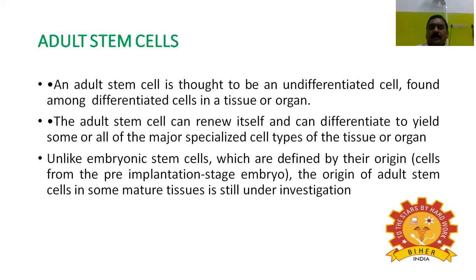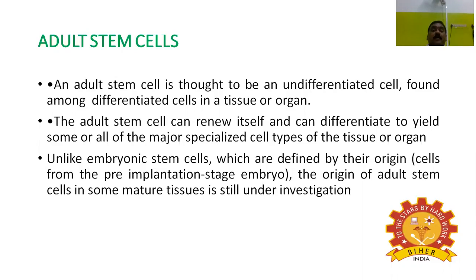The adult stem cells can renew themselves and can differentiate to yield some or all of the major specialized cell types of the tissues or organs.